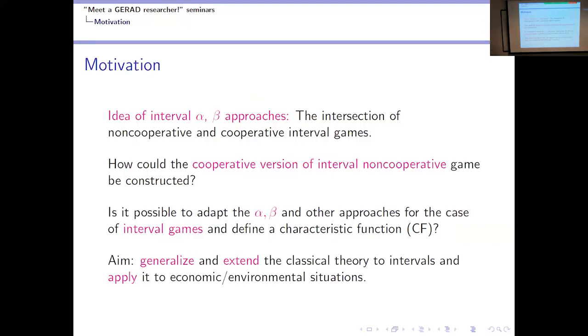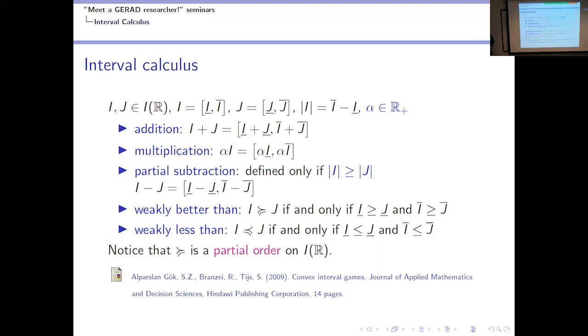I'm going to give briefly some information about intervals so that you can easily follow what I am going to do. I and J are intervals in the sense that they are closed and bounded intervals of real numbers. I mean, they are subsets of real numbers.